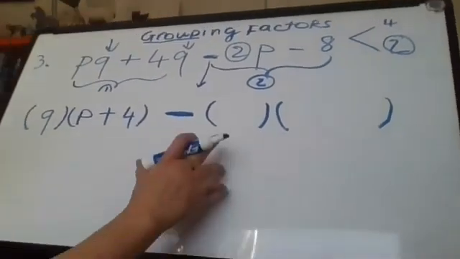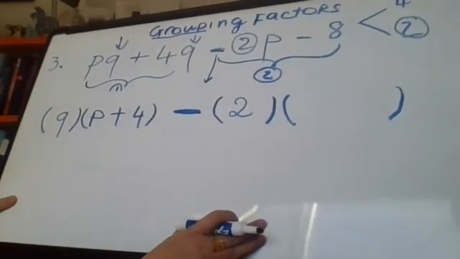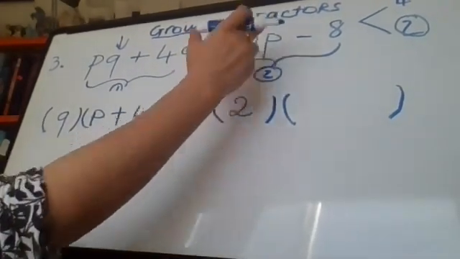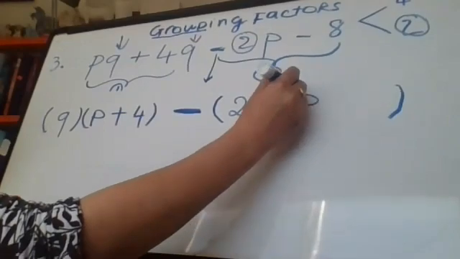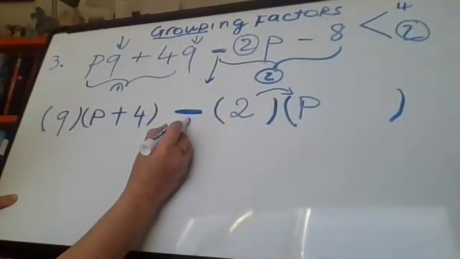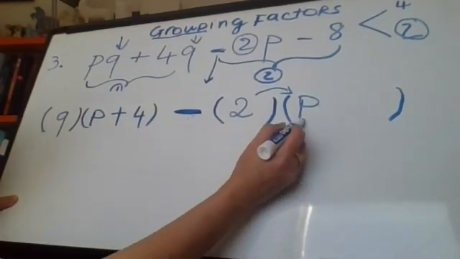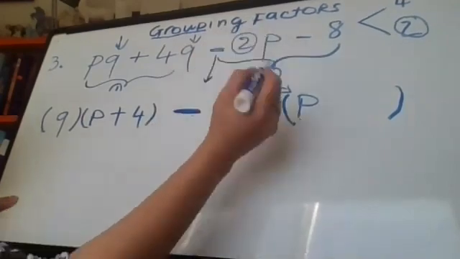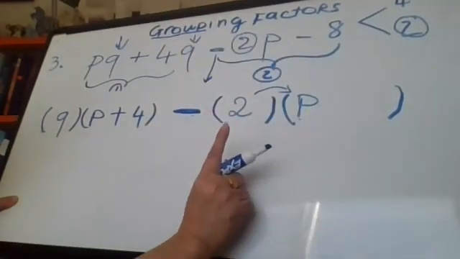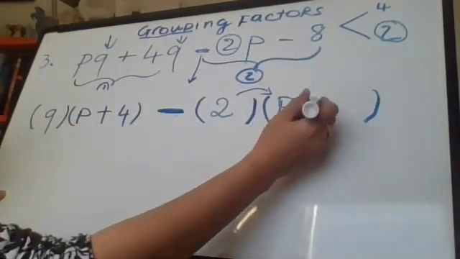So I'm gonna pull out the common number, which means 2, in here. What's left over, I have p, right? So let's check. Negative 2 times p is negative 2p, which is what I have, negative 2p. Exactly, that's fine.